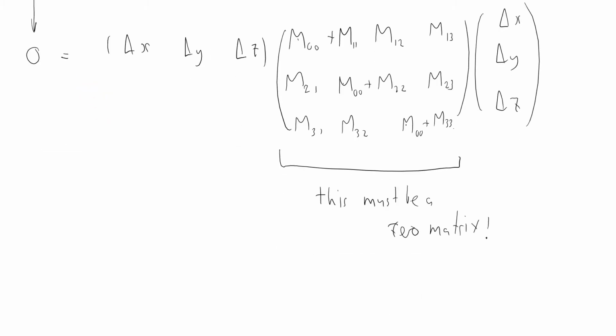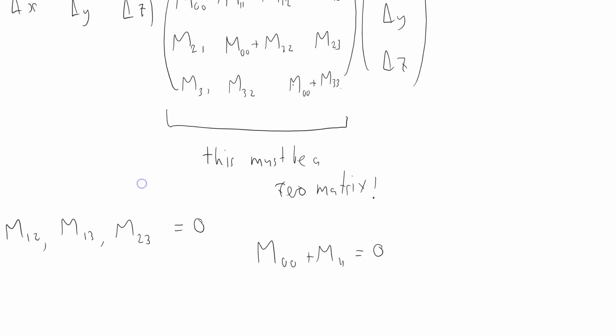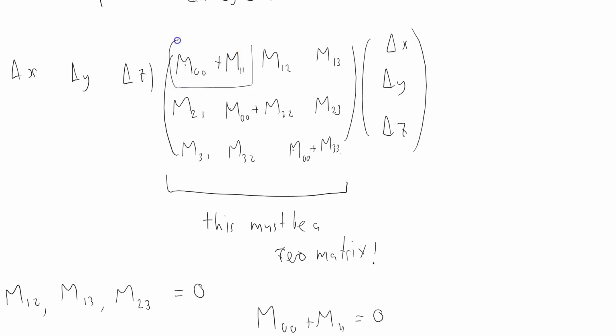So that tells me that the off-diagonal elements m12, m13, and m23 are all equal to 0. So all I've got left here is m00 plus m11 equals 0, because I know this element on its own is equal to 0. This element on its own is equal to 0.